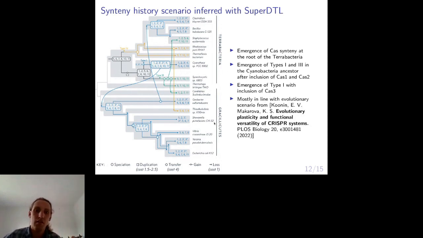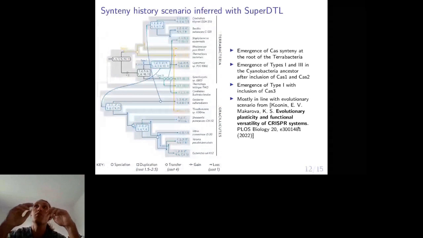And when we see this evolutionary history, it's mostly in line with the evolutionary scenario from Koonin and Makarova, that is the last up-to-date hypothetical evolutionary history of CRISPR-Cas synteny evolution, except for the position of the type 4.